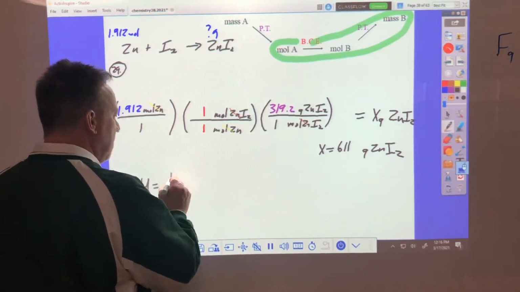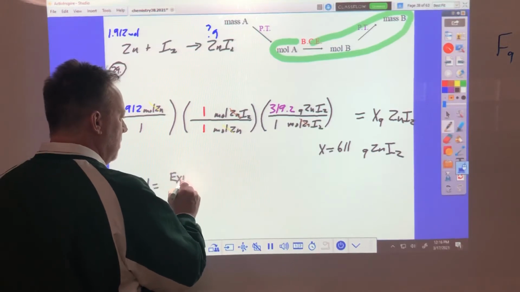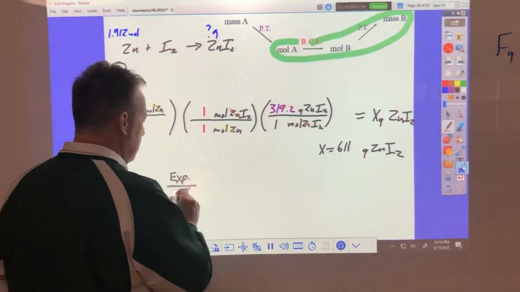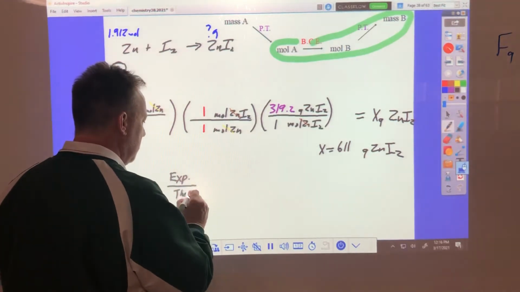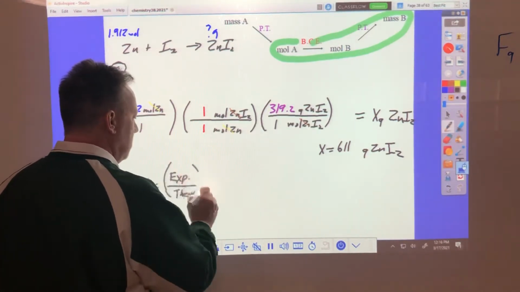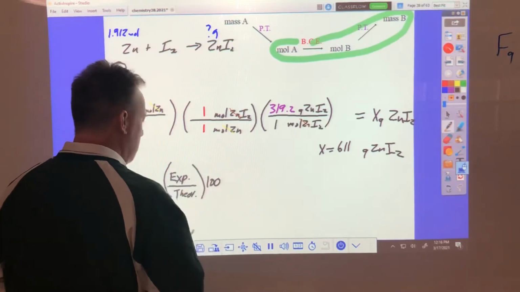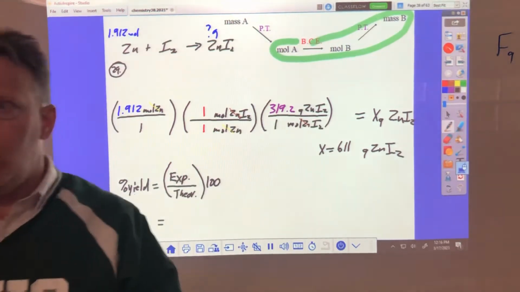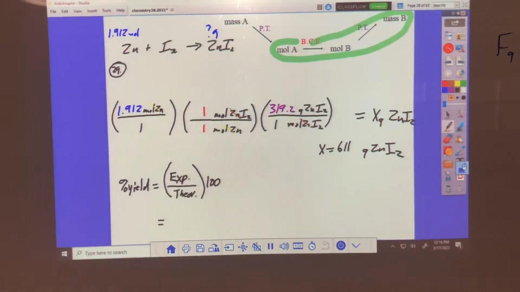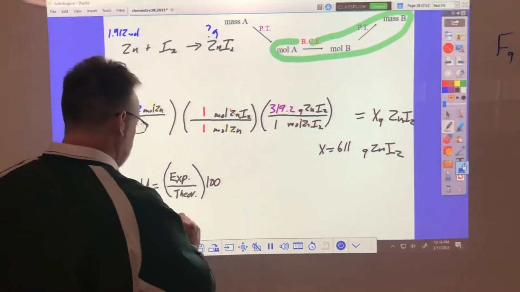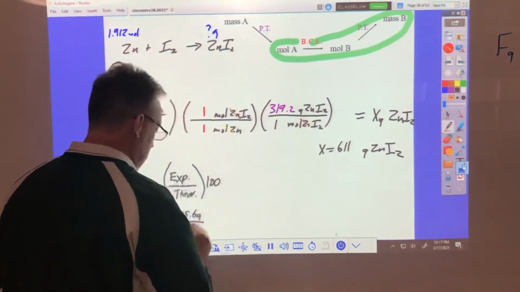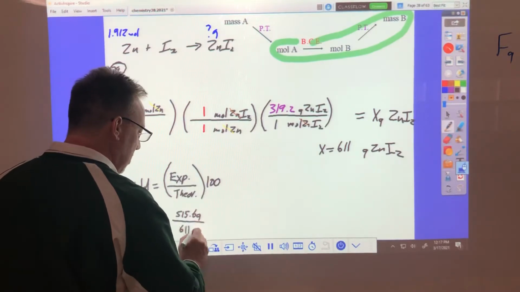So my percent yield is equal to my experimental, or what the book calls actual, divided by the theoretical, times 100. And we have an actual yield recovered, or an experimental yield of 515.6 grams, and we're supposed to get about 611 grams and change.